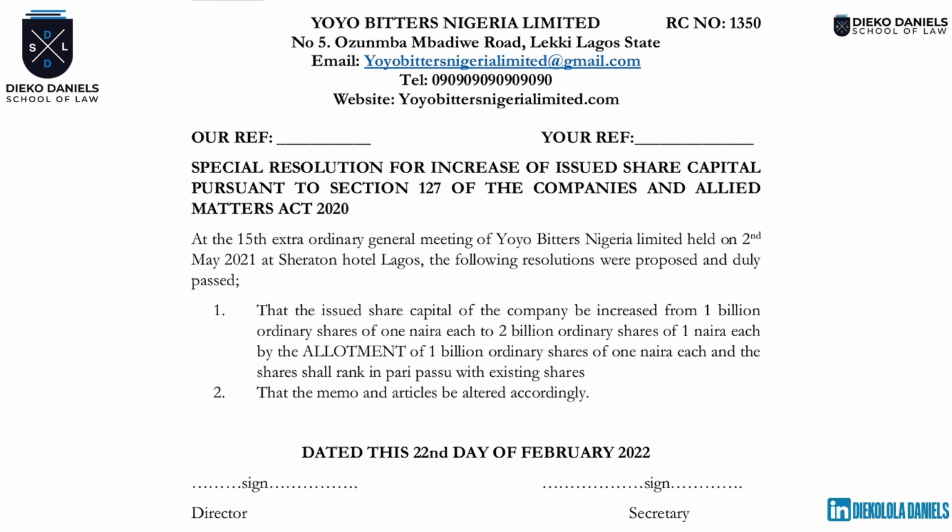So if the exam tells you that they want to increase the share capital of the company from, let's say, 100,000 ordinary shares to 1 million ordinary shares, that means that in the exam, you are going to say that the issued share capital of the company be increased from 100,000 ordinary shares of 1 naira each to, they would have told you of 1 naira each in the exam, of course, 1 million ordinary shares of 1 naira each, right?